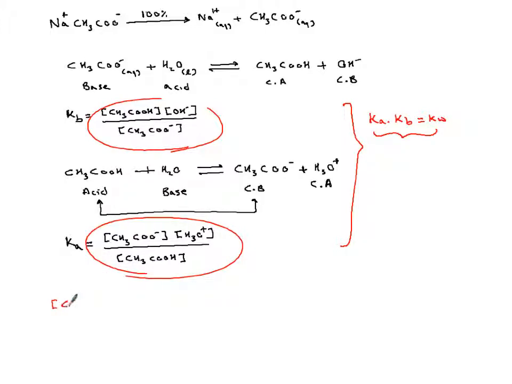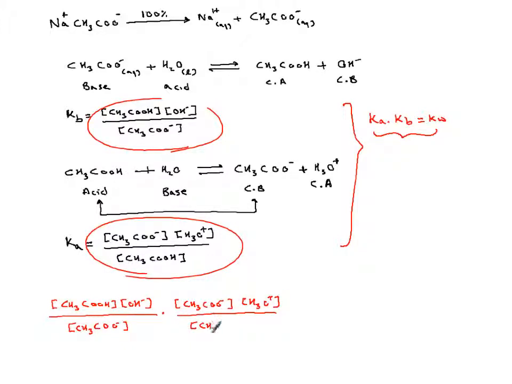So down here, CH3COOH multiplied by hydroxide divided by ethanoate, CH3COO, times your Kb, CH3COO times hydronium divided by CH3COOH.